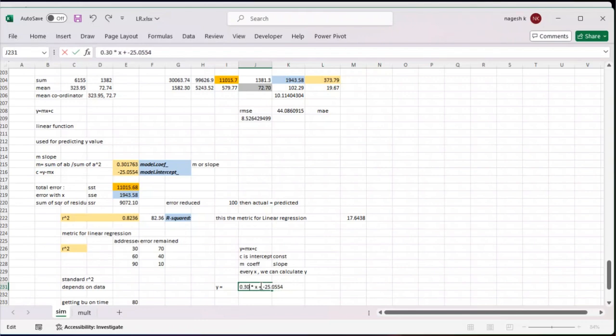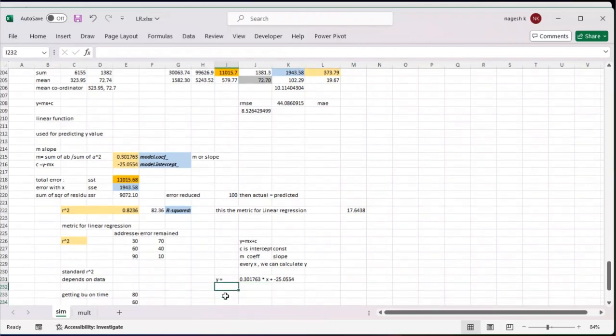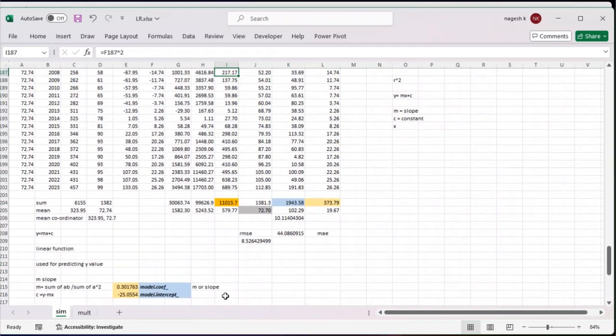M is 0.301763. Since it will throw an error if we give it like this.